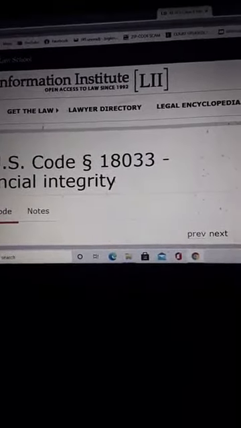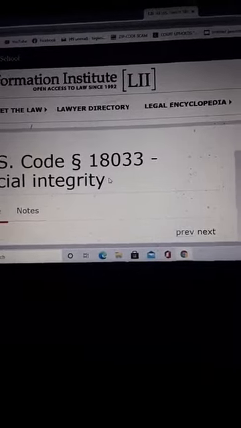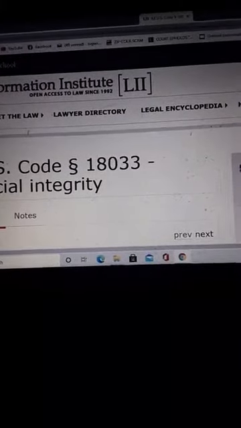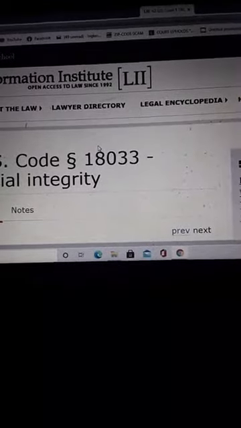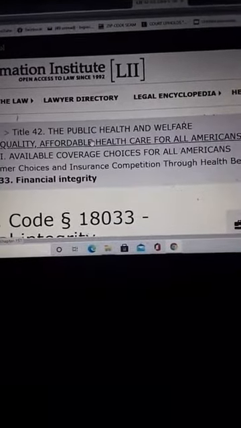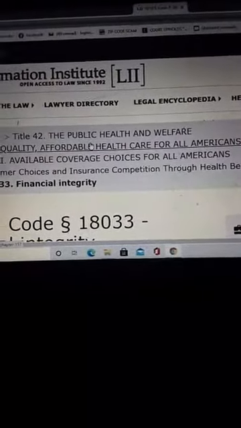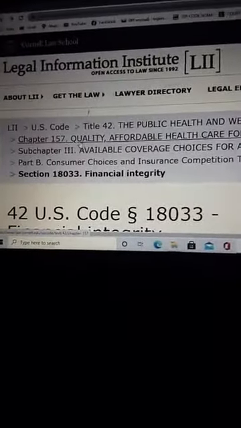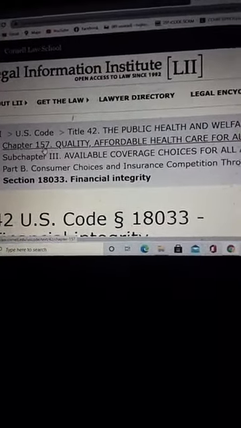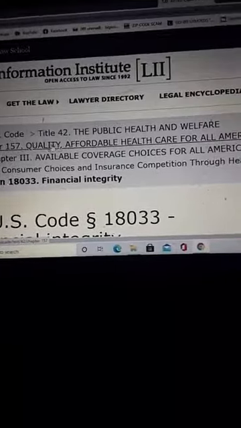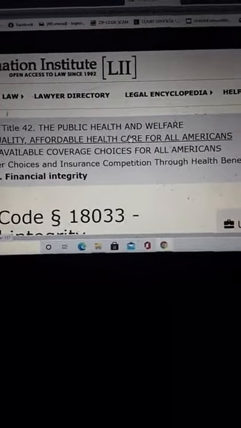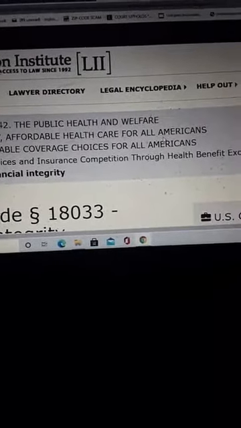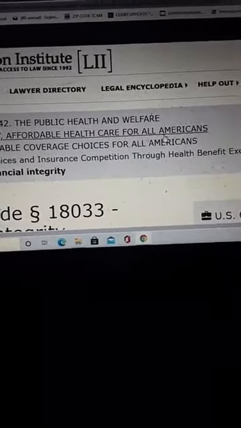And as before we saw, it was Health and Human Services, or Health and Welfare, under Title 7, or Chapter 7. Here we have the Public Health and Welfare, Chapter 157, Quality, Affordable Health Care for All Americans.